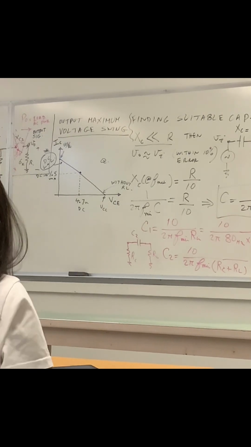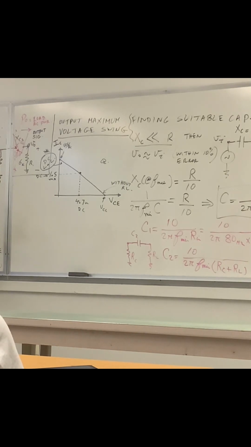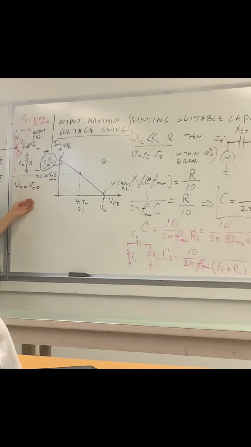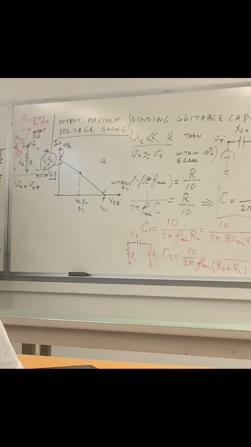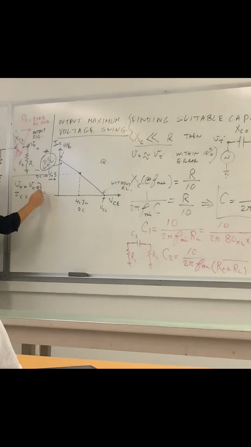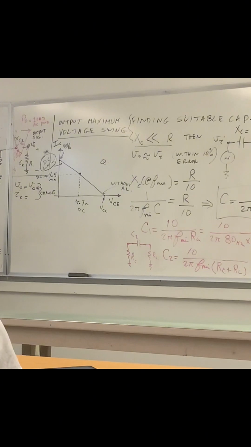Now, what happens in the AC? Change of the output, which I said this output is the same as VCE. Remember, we said VO is the same as VCE. Output and the IC, these are changes. Guess what will happen? You need to use the IC-VCE relationship of this small signal model, and check and see what that is.